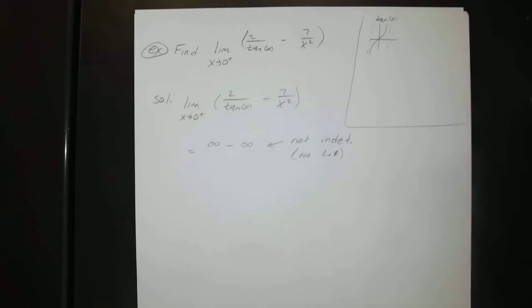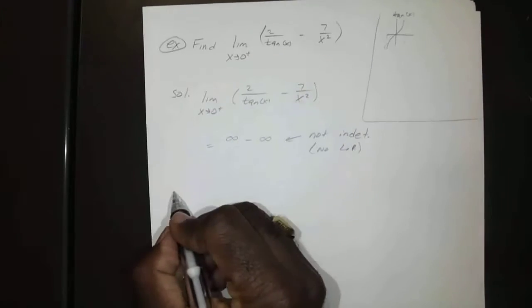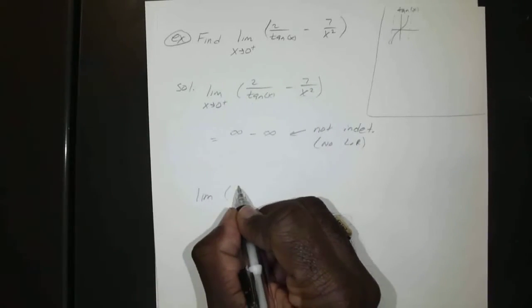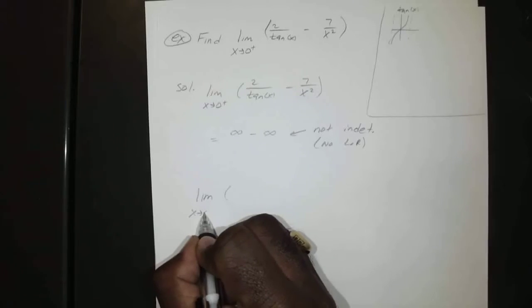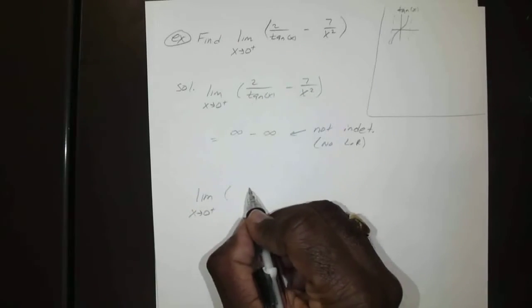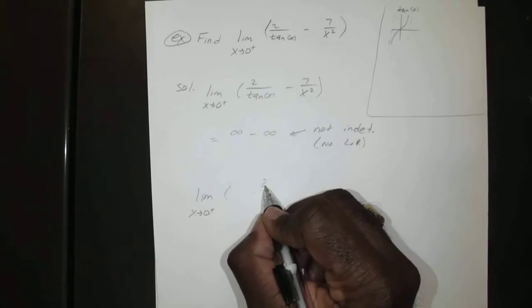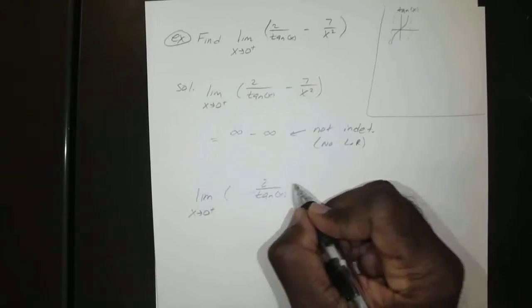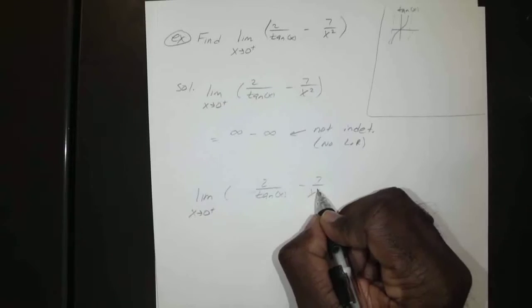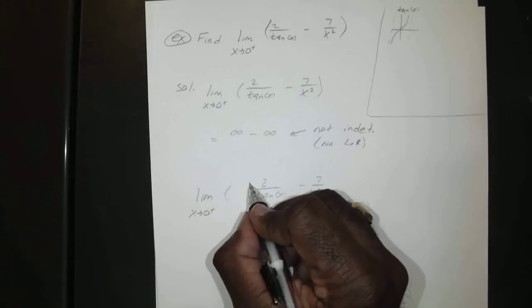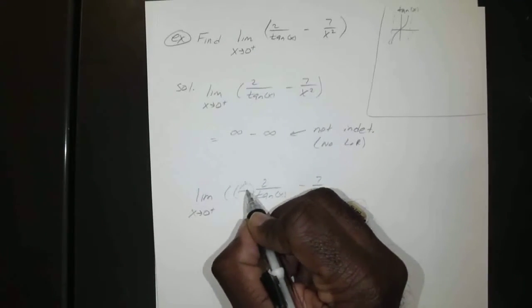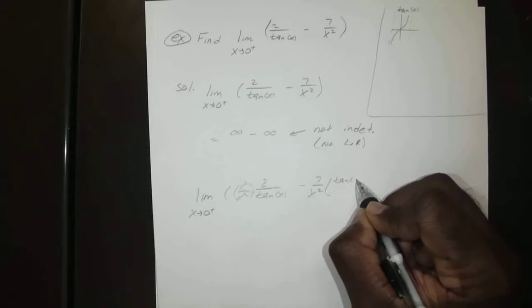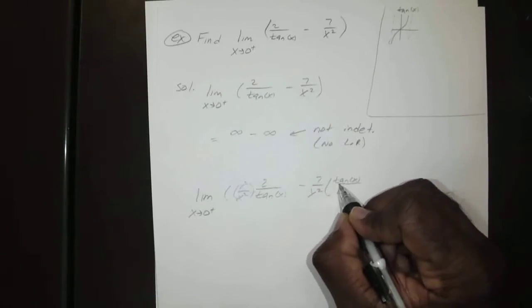All right, so that means if we have the limit as x approaches 0 from the right of 2 over tangent of x minus 7 over x squared, we multiply this one by x squared over x squared, and this one by tangent of x over tangent of x.